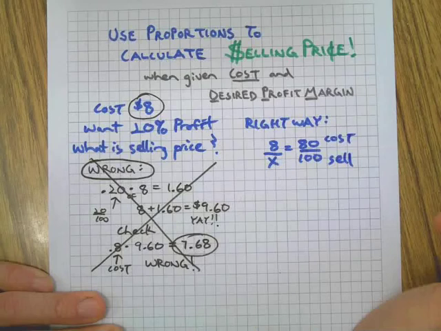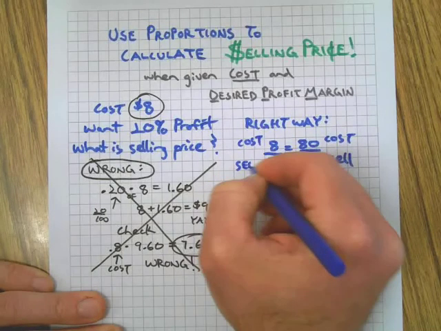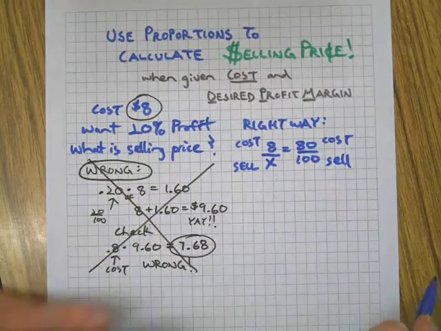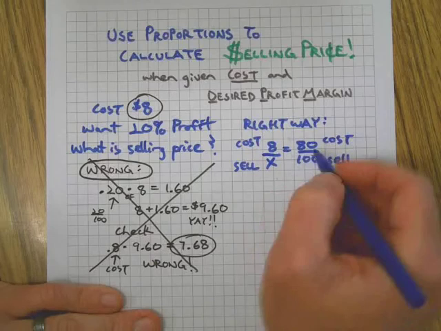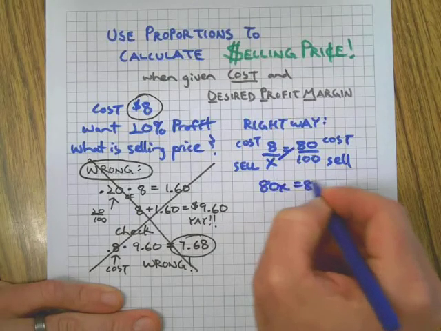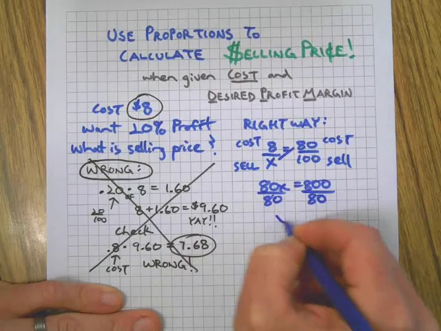So on the other side of my proportion here, I also need to have my cost and my sell, and that's where the common mistake happened over here. Okay, so if I do this and I just simply cross multiply, I get 80x equals 800, and you could tell what's going to happen. Hopefully you already knew the answer before we started.